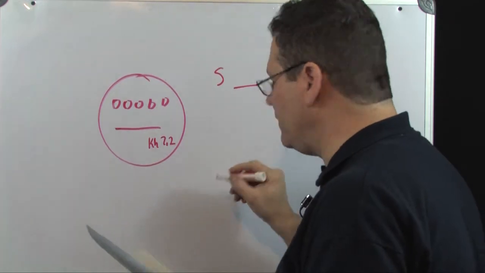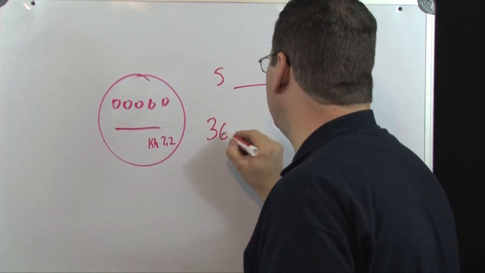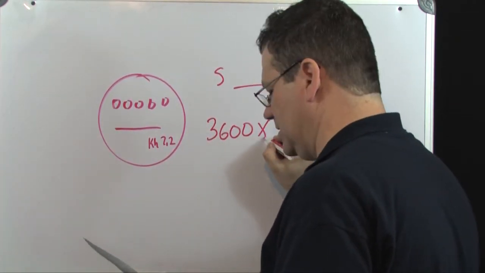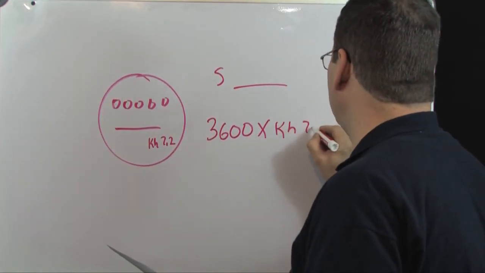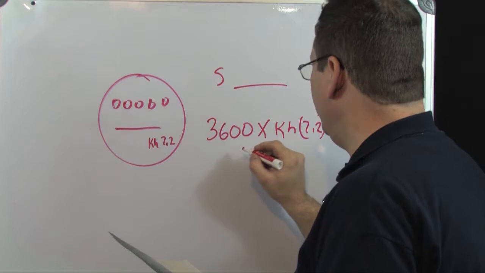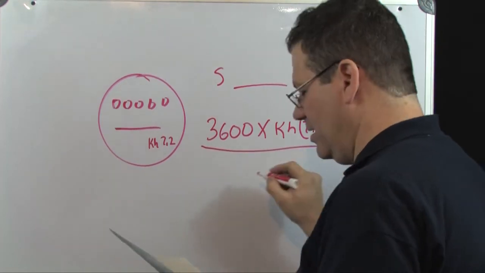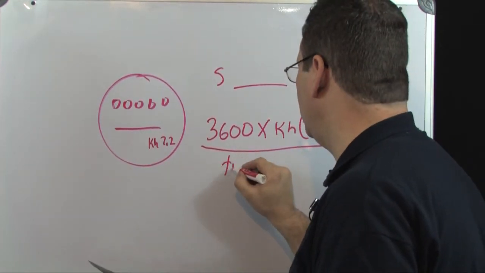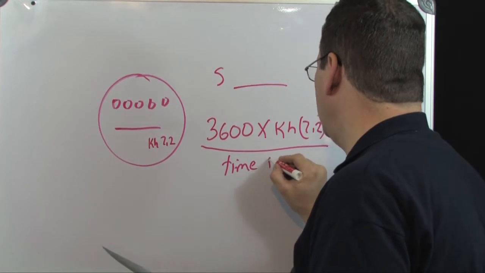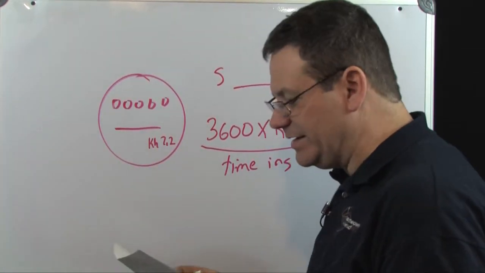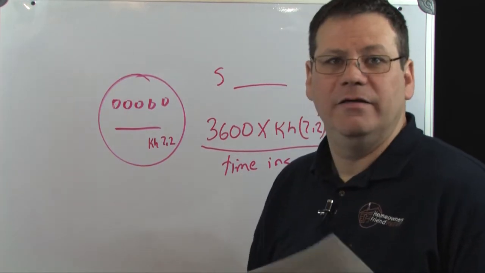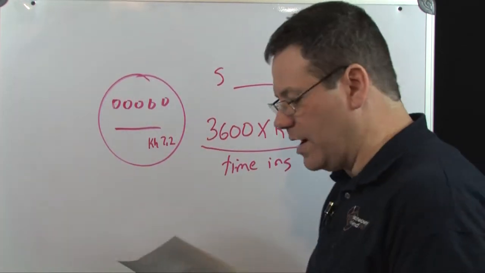So then you plug it into the following formula: 3600 times that KH number, which is 7.2, divided by the time in seconds it takes for one turn. So let's just say it takes a minute for the thing to turn one loop around.